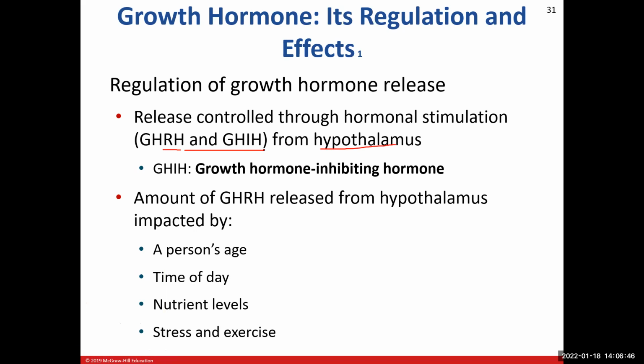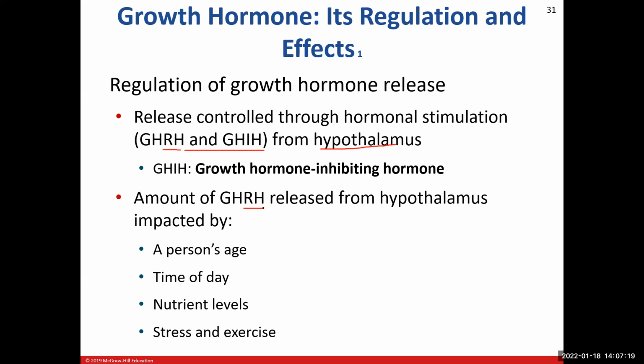And it's a binary type of scenario, meaning it's either going to turn it on or turn it off. So it's going to cause another gland to release its hormone, or it's going to inhibit that gland from releasing its hormone. So let's look at some of the stimuli that are going to stimulate or cause the hypothalamus to release its growth hormone releasing hormone.